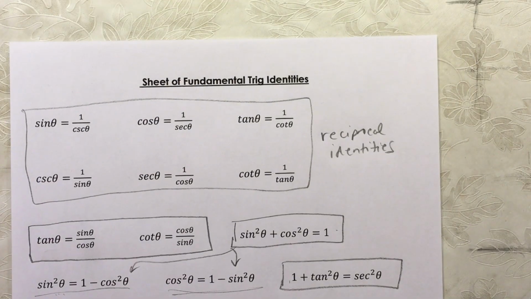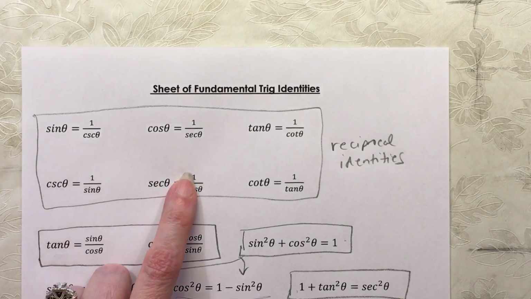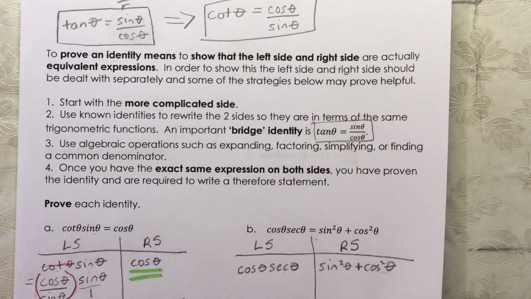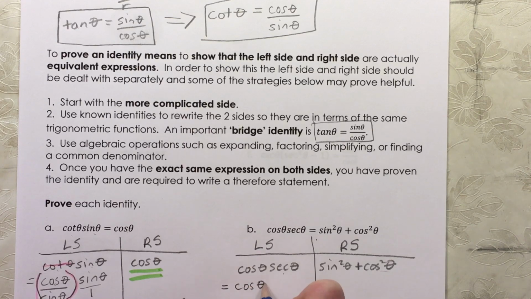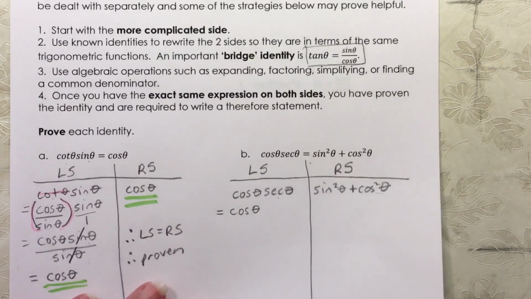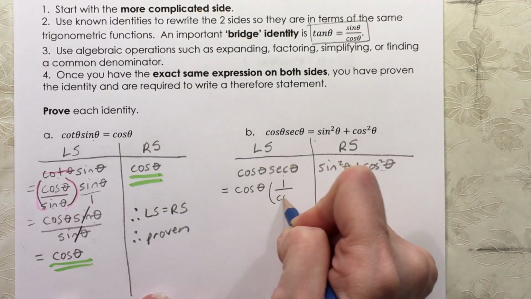So I see a sec on the left side, and I can see that I can rewrite sec theta as 1 over cos theta. So I think that I will do that. I'm going to leave my cos theta, because sine and cos are like my building blocks. But I'm going to replace secant theta with 1 over cos theta.